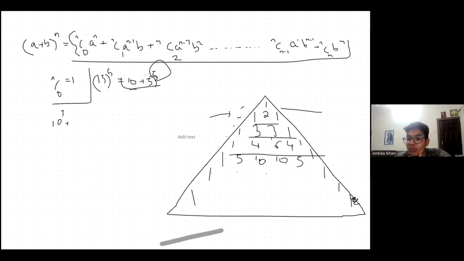So there are n possibilities, right? There are n ways by which you can select one object. So it's going to be n only. That means it's going to be 5 and a minus a to the power n minus 1. So our a was 10 into 10 to the power 5 minus 1, that is 4, and b is as it is, 5.